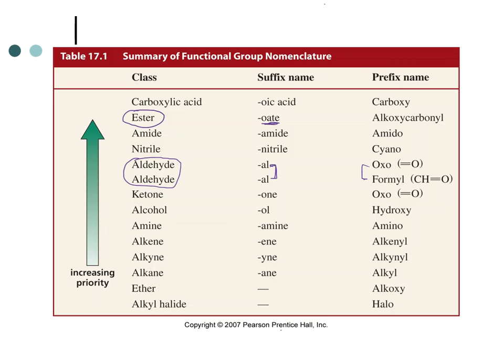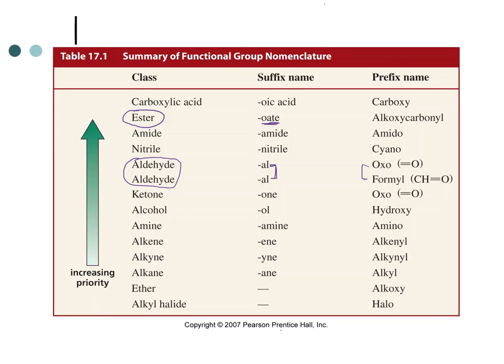But over here, the prefixes, the reason they list them twice is because it really depends on how the aldehyde is part of this. Notice the difference here: a double bond O and then a CH double bond O. One is called oxo and one is called formyl.